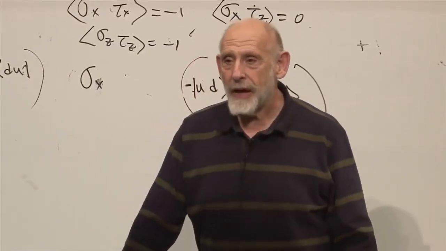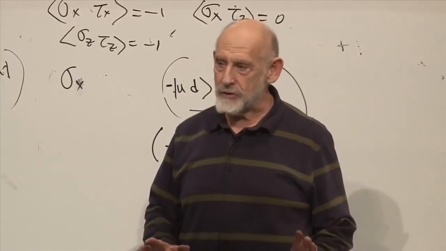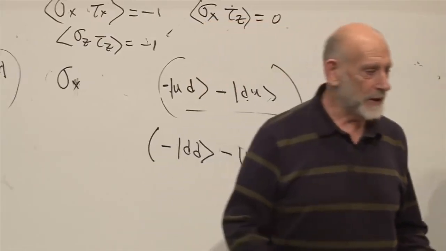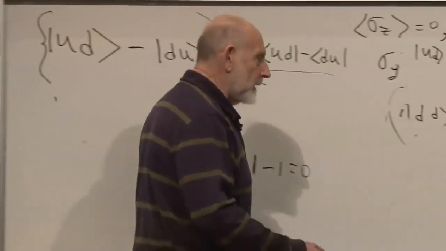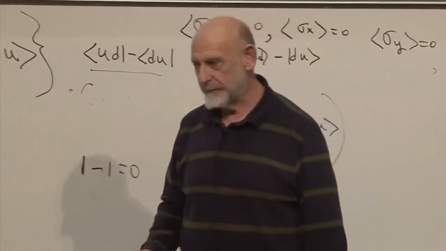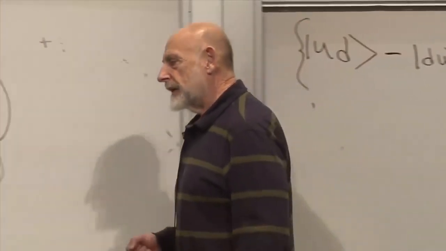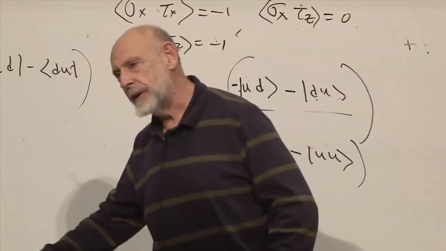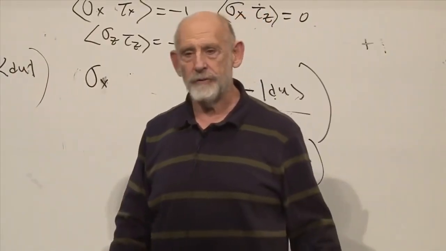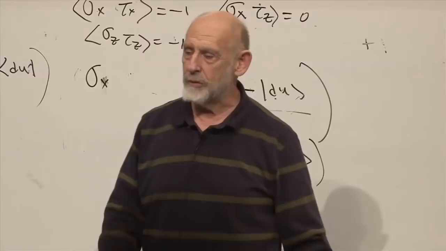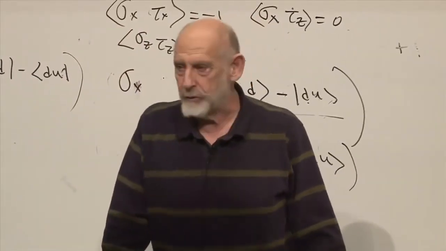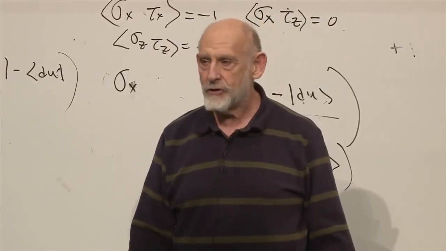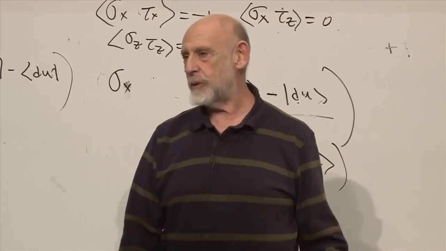Look, to some extent, it's similar to a trivial observation. The way I like to phrase it is, I have a penny and a dime in my pocket. I put my hand in my pocket, I take them out, I don't look at them. Without looking at them, I give one to Alice and one to Bob, and then I tell Alice and Bob to take off and go to the moon, or wherever you want to go. Then if Alice looks at her coin, she instantly knows what Bob's coin is.